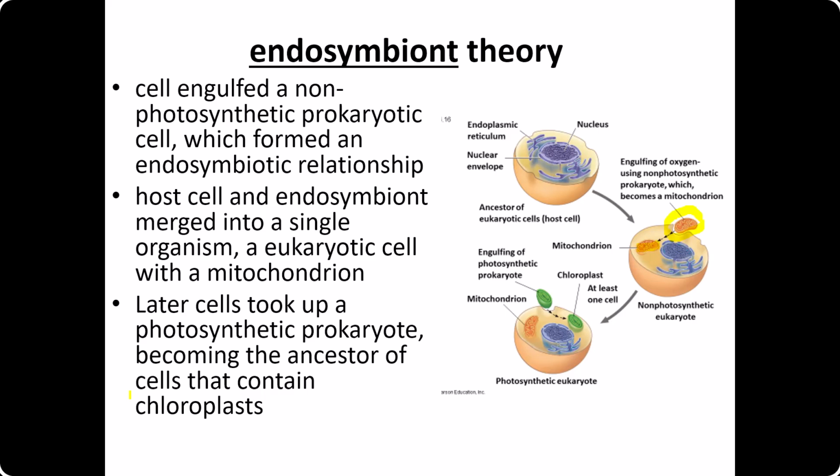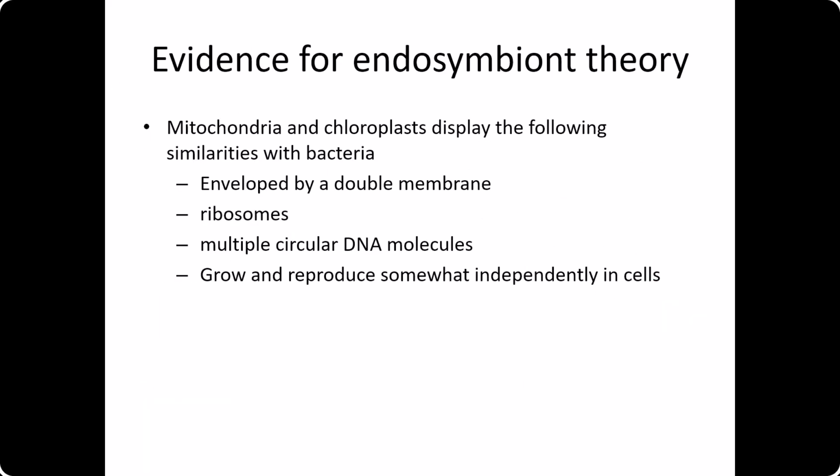And that first time they did that, that became what we now know as the eukaryotic mitochondria. And then plants that have chloroplasts actually did it another time with a different kind of cell. They took in a free living photosynthetic cell and then eventually incorporated it into their own cells and their own bodies and kept that. So there's actually a great deal of evidence for the theory of endosymbiosis.